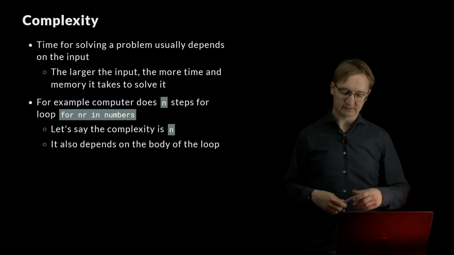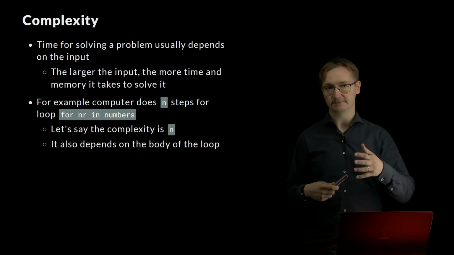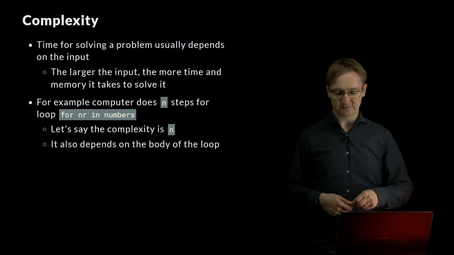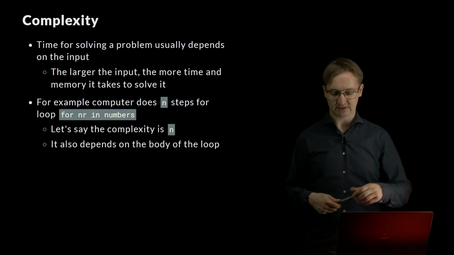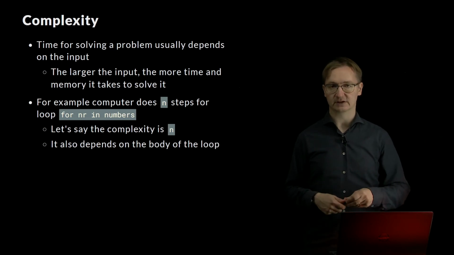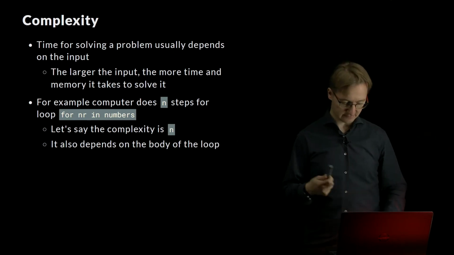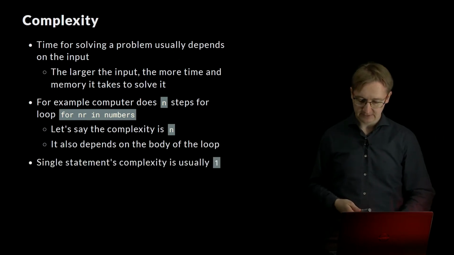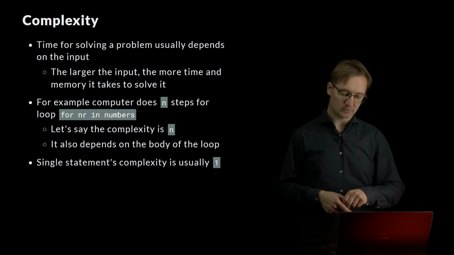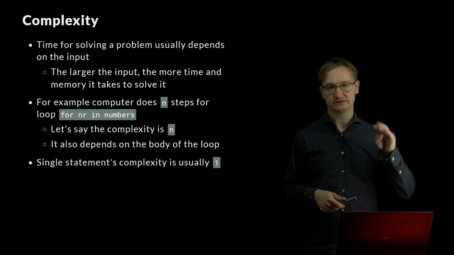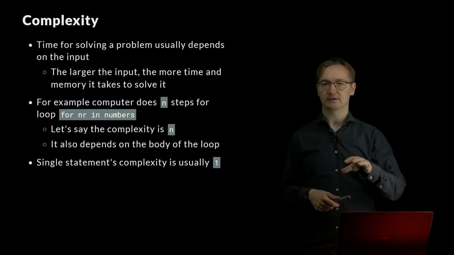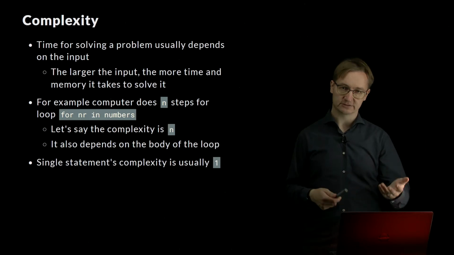Of course, the complexity of the code also depends on the body of this loop. So if there are complicated calculations inside this for loop, it can also increase the time and memory usage. And also what we usually say is that if there is a single statement, then the complexity for that is 1, or constant.